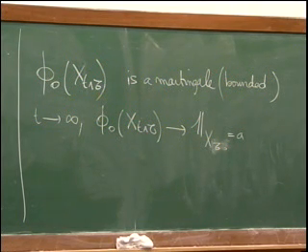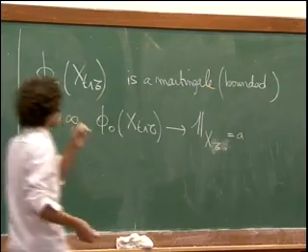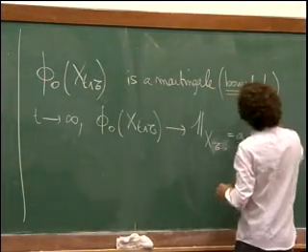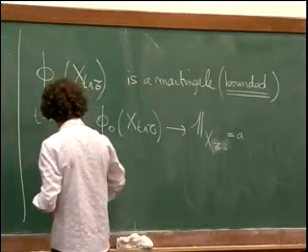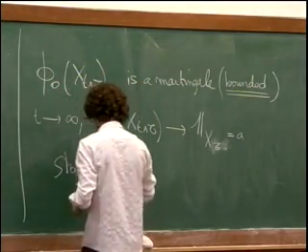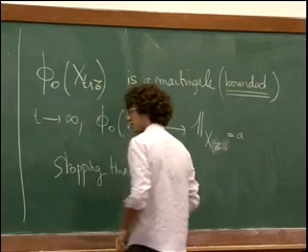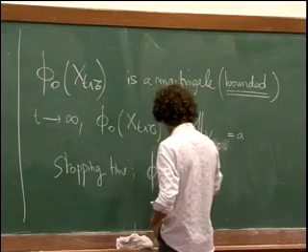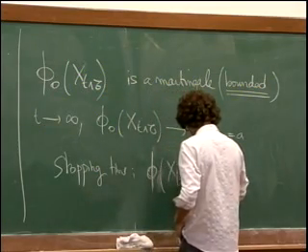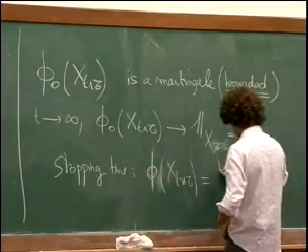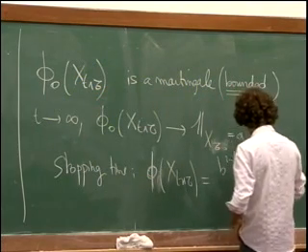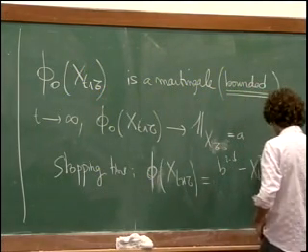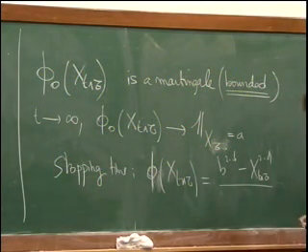They are both bounded, so using the stopping time theorem, you deduce that they are equal. So really, in this last step, the important thing is that they are bounded. So by stopping time, and that will be the end, we deduce that phi of X_{t∧τ} is exactly equal to b^(2-d) minus X_{t∧τ}^(2-d) over something.